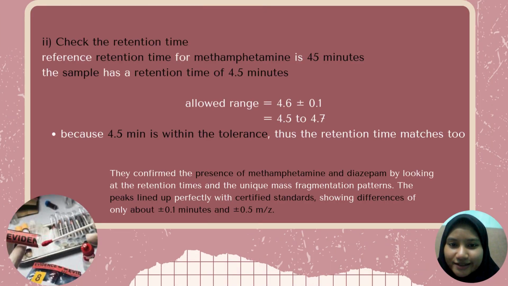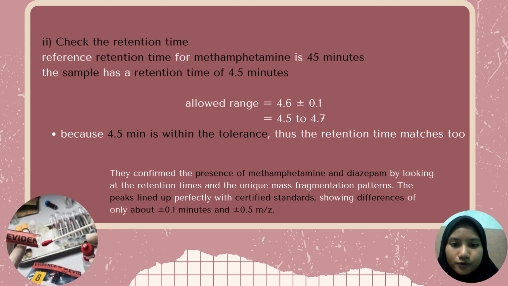The second step is to check the retention time. The reference retention time for methamphetamine is 4.6 minutes. The sample has a retention time of 4.5 minutes. The acceptable range is 4.6 plus or minus 0.1, which is equal to 4.5 to 4.7. Because 4.5 is within the tolerance, the retention time matches too.